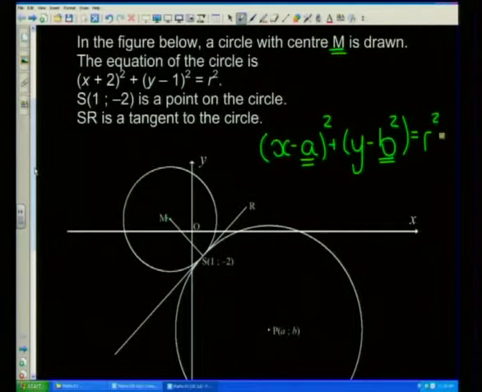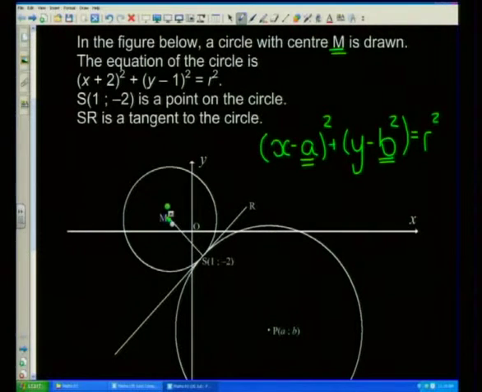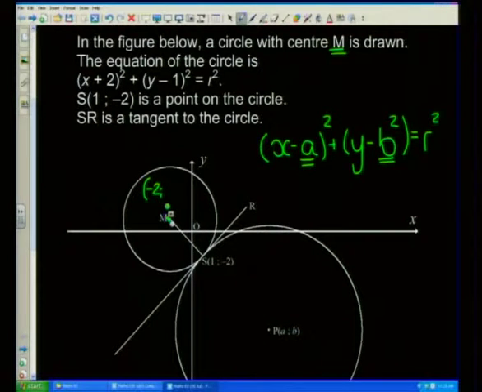Straight away, because I've got x plus 2 and I've got y minus 1, we are able to see what the coordinates of my circle center are, okay? If I've got plus 2, that means that the x coordinate of my circle center is going to be minus 2. And if I've got minus 1, the y coordinate of my circle center is going to be plus 1, okay? Right, now we know that.